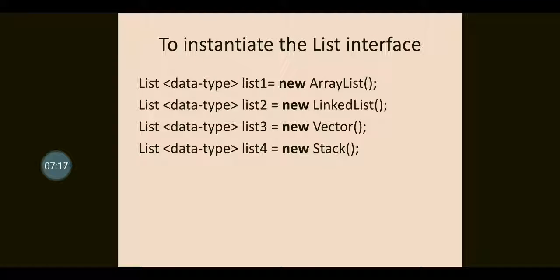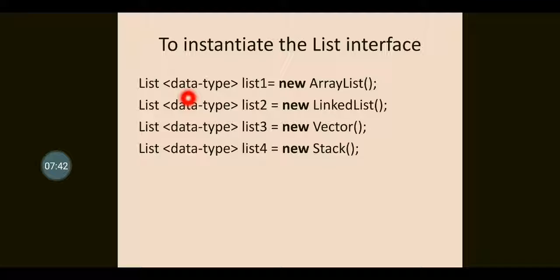In order to instantiate the list interface, the various classes available under the list interface are array list, linked list, vector, and stack. Here list acts as an interface, followed by the data type within angular brackets, either integer or float or string, anything else.